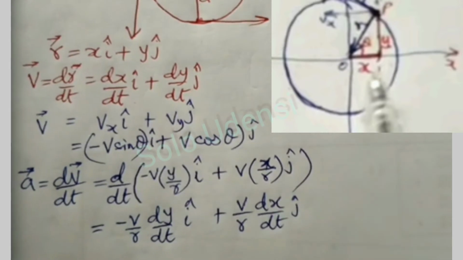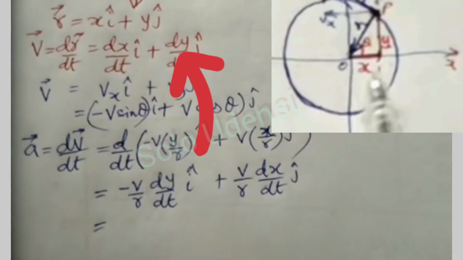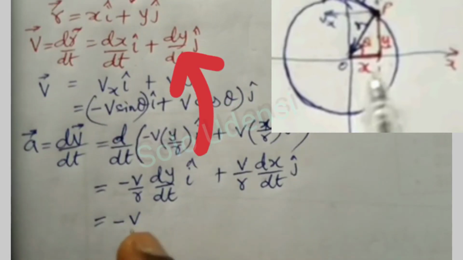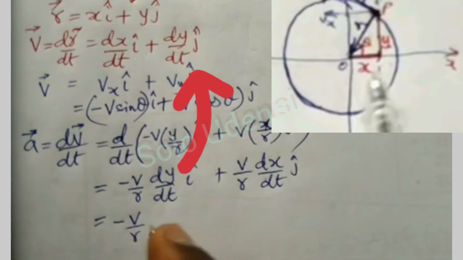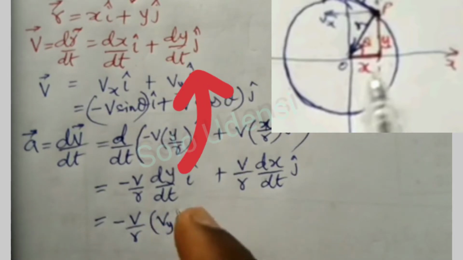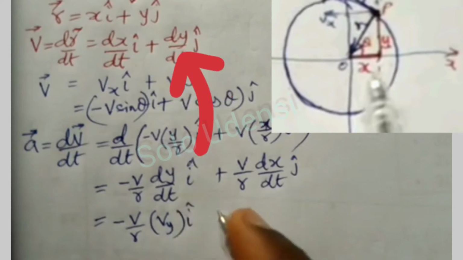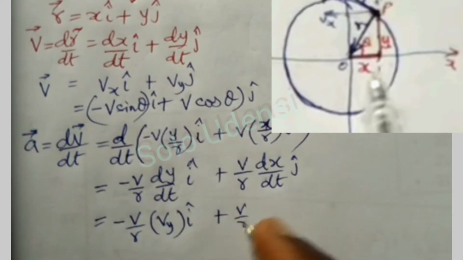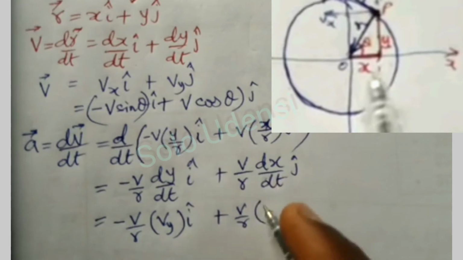So you know that we have said that the rate is equal to minus v over r into vy i plus v over r into vx j.